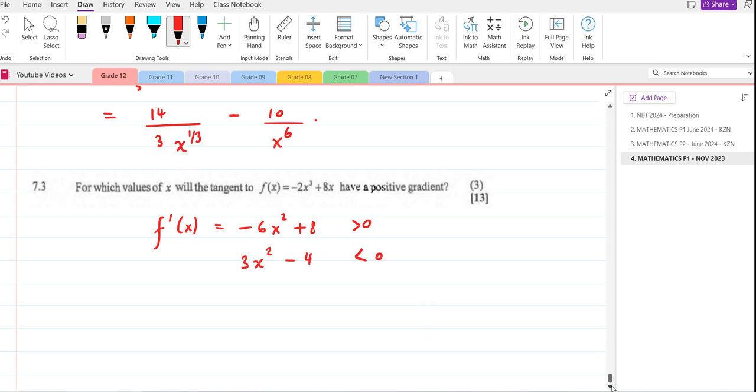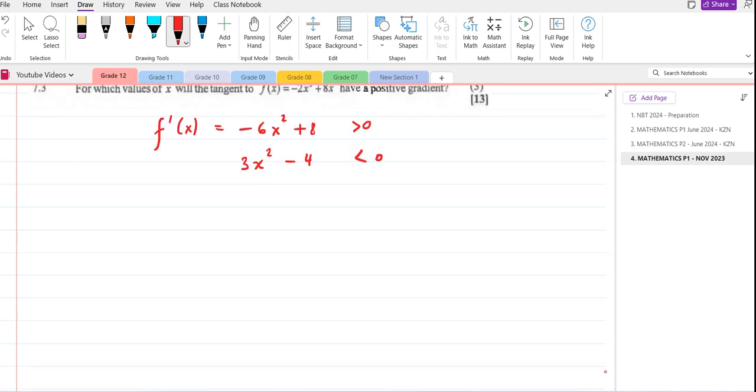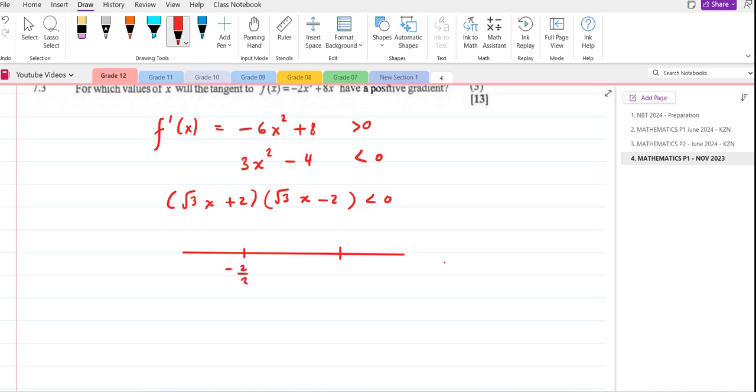And then we can simplify this, difference of two squares, right? So root 3x plus 2 into root 3x minus 2 is less than 0, and then putting it on to the number line, we get negative 2 over root 3 and positive 2 over square root of 3.